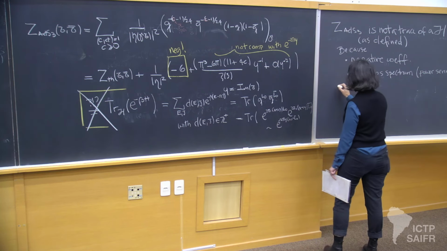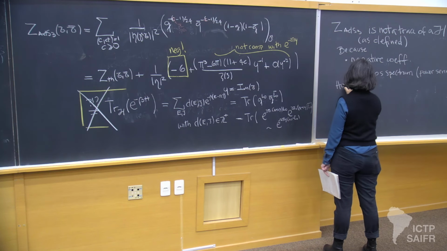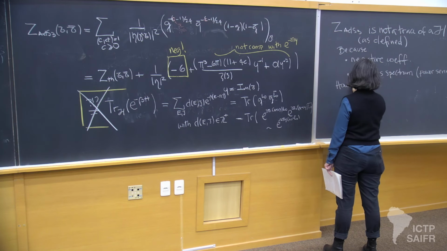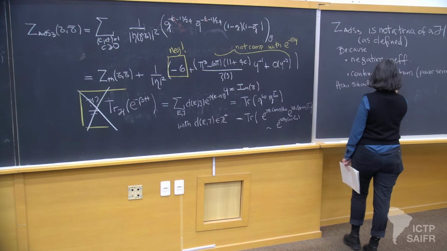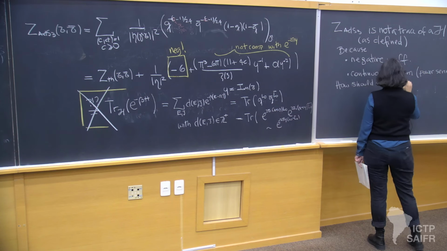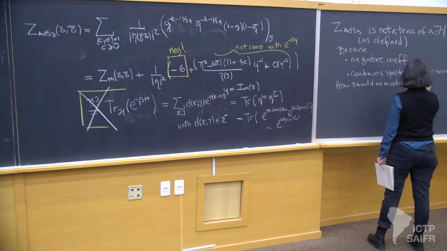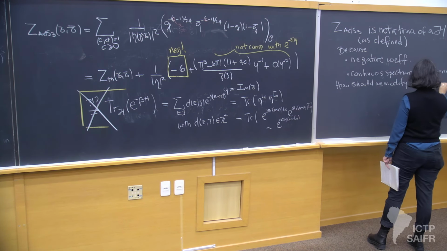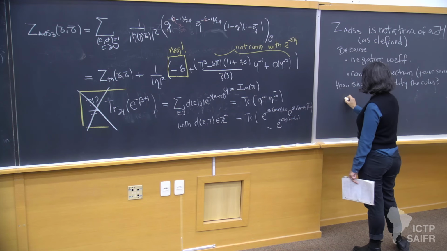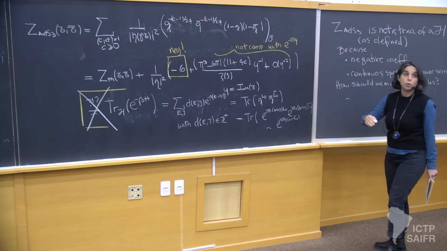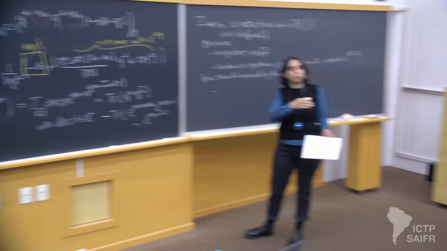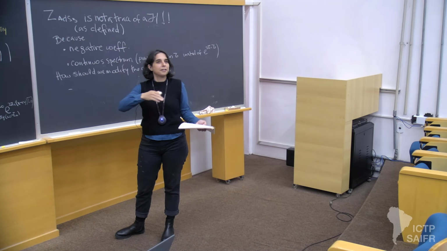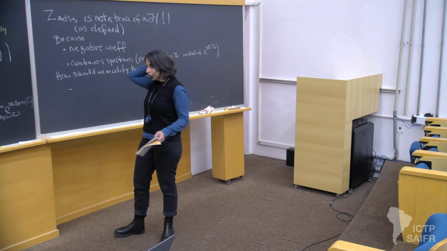One possibility was don't put all the topologies. You told me we were too greedy, restrict the sum over topologies.